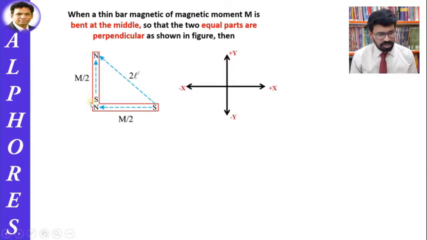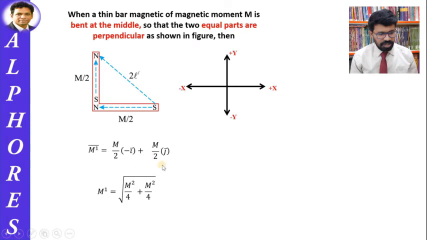Let us take a coordinate system as a reference, because two different directions are there. In the upward direction, along positive y, m by 2 magnetic dipole moment exists, and along negative x direction, this m by 2 is along negative x. Let us write an equation for the resultant magnetic dipole moment: M1 bar is equal to m by 2 minus i cap, along negative x direction, plus m by 2 j cap, along positive y direction.